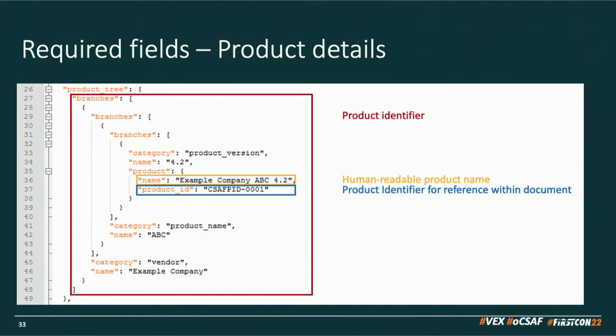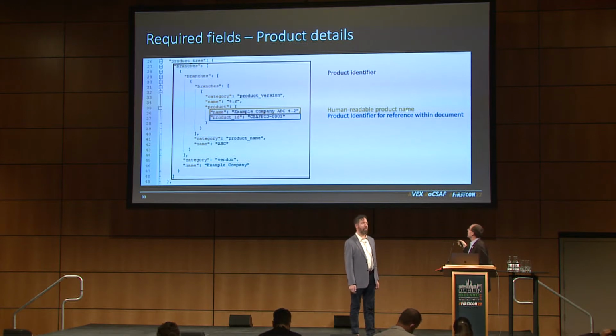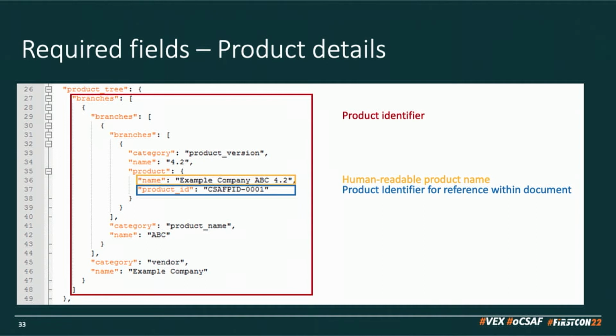You will have a human-readable product identifier, and it's basically what a human would call that product. And then you have something to reference that within the product later on, and you basically build up a structure. In that case, we're having a vendor saying, that's my product ABC, and that is product version 4.2. Having that structure makes it easy for you to match that against an SBOM or an asset database.